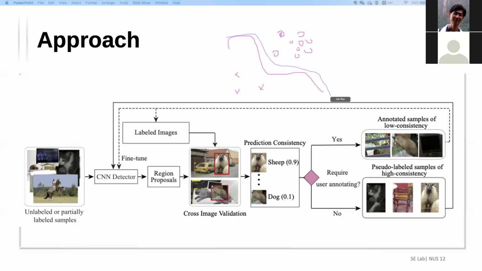But according to their experiment, they claim that combining active learning with pseudo-labeling can achieve better performance than either of them individually. The samples with pseudo labels are also supposed to be distributed evenly across different classes, right?